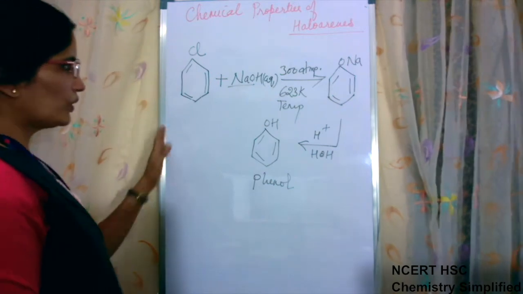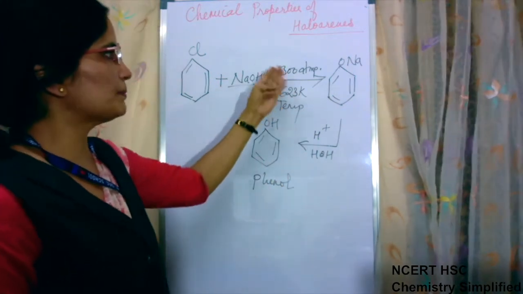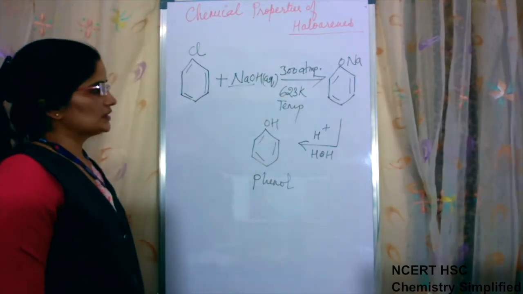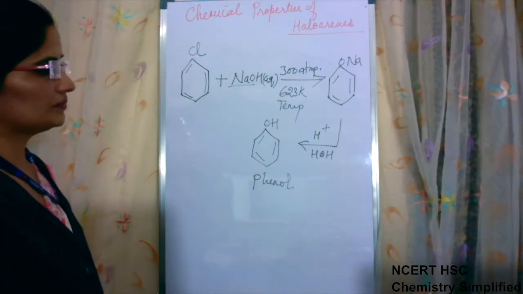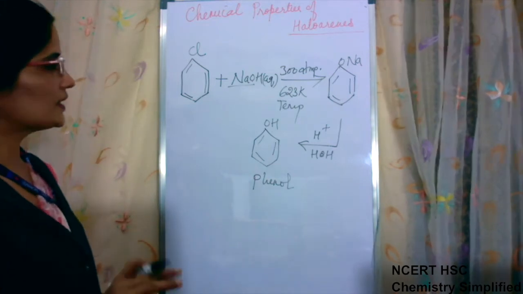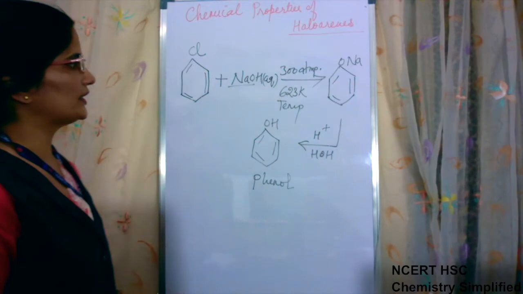So only one nucleophilic substitution reaction, and that also is made possible by harsh conditions for the reaction to take place. So this is one example of nucleophilic substitution reaction given by haloarenes.